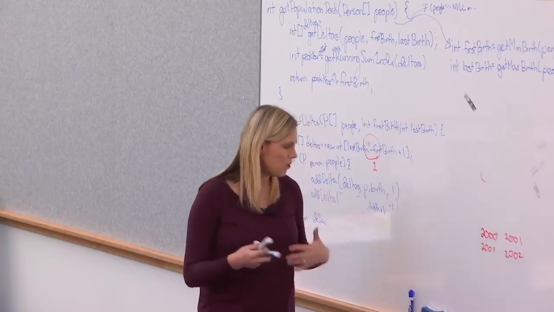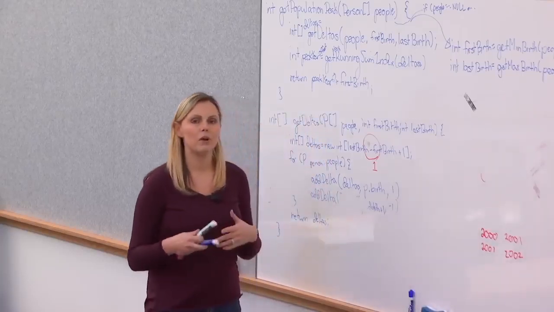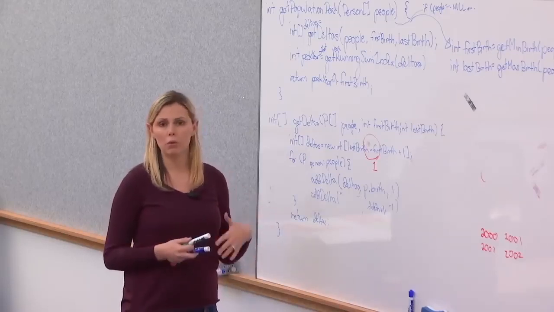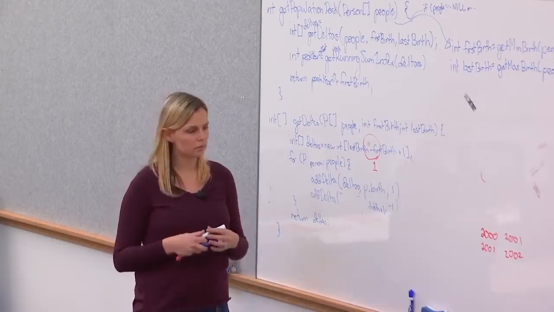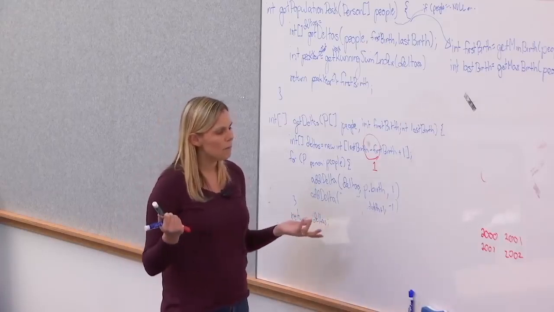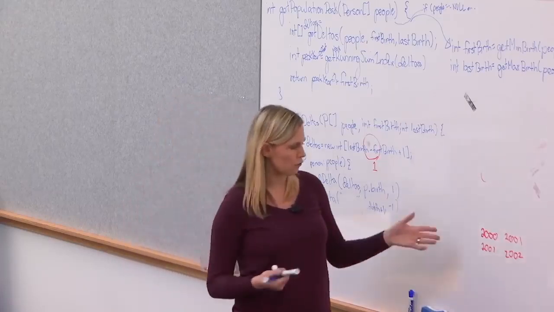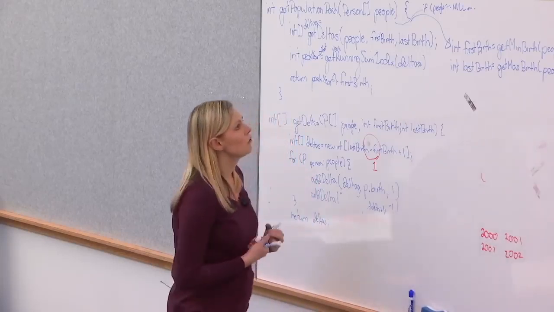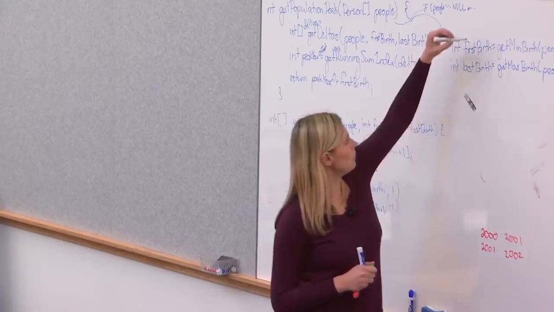When you run through a test case, there's no single best way of running through it. It's really a matter of what works best for you and for the problem. For me, I'm going to run through it manually, and I'm going to write the values above. So first birth is going to be 2000.